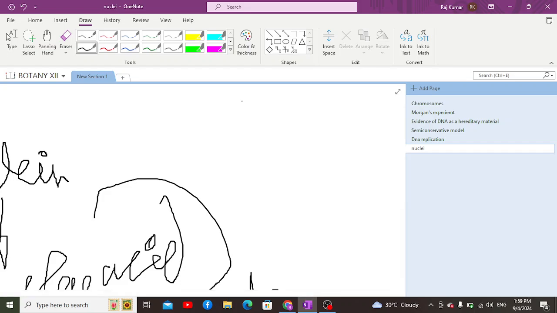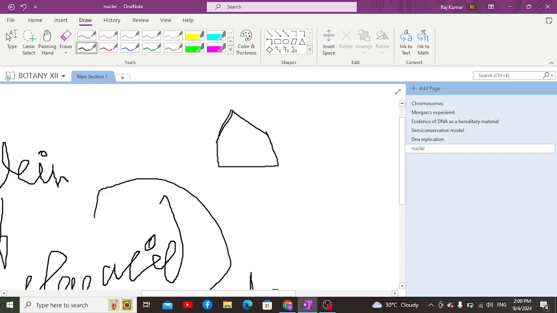When it comes to its structure, DNA basically contains a deoxyribose sugar, as previously told. In that deoxyribose sugar, sorry, it's not a proper pentagon, it's rather this shape.